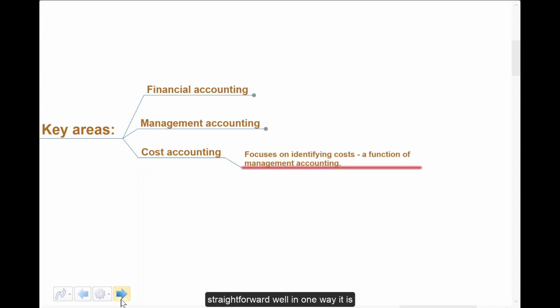Well, in one way it is, but there are a plethora, a variety of different approaches to evaluating the costs associated with product A. For example, the traditional approach, absorption costing or marginal costing, or perhaps more modern approaches, as we'll see, like ABC, activity-based costing. So costing is a large area within management accounting.